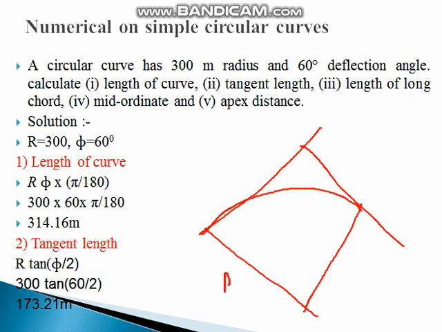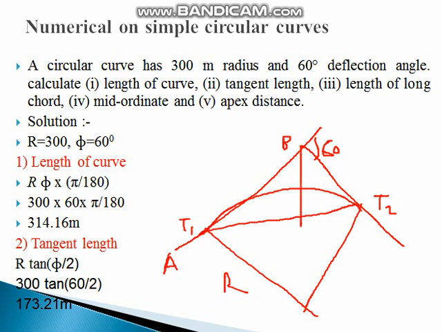This is R. This is point T1, this is the deflection angle of 60 degrees. This is the point of intersection, point B, then this is T2. This is the length of the long chord.